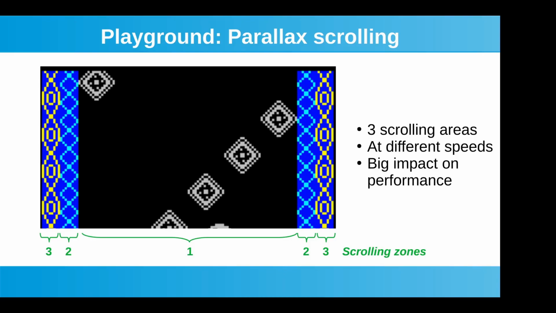So it would be interesting to see how it impacts performance when it is added. I needed to reorganize the code a bit, because now we have to handle not one scrolling area, but three different scrolling areas with three different speeds, and different criteria for adding new tiles at the top.